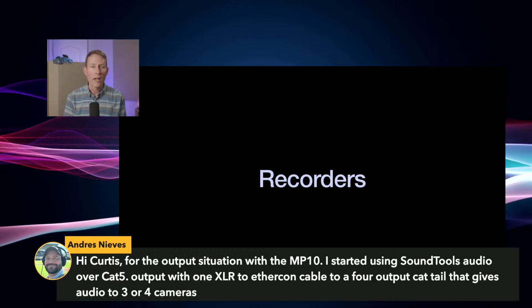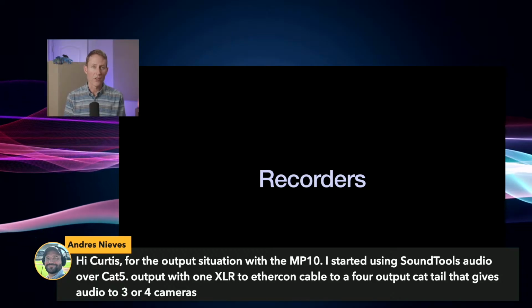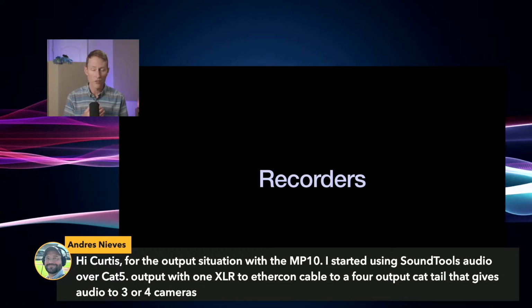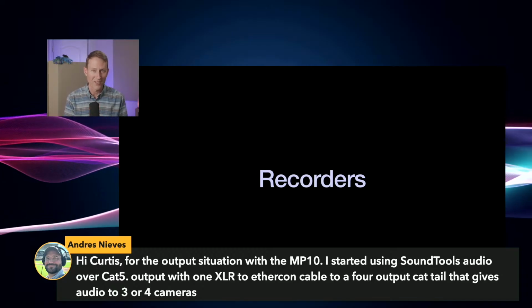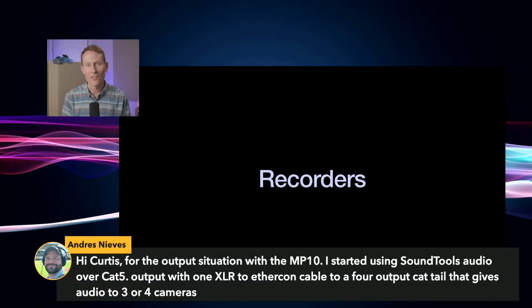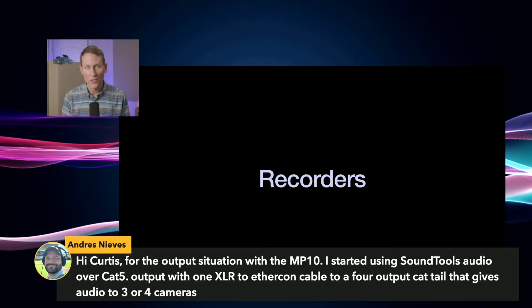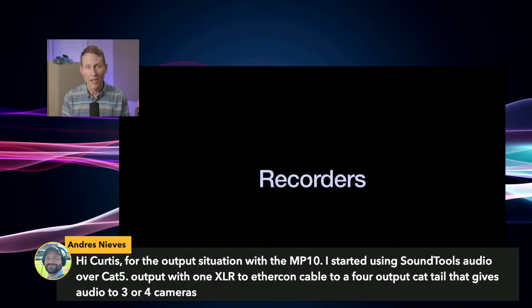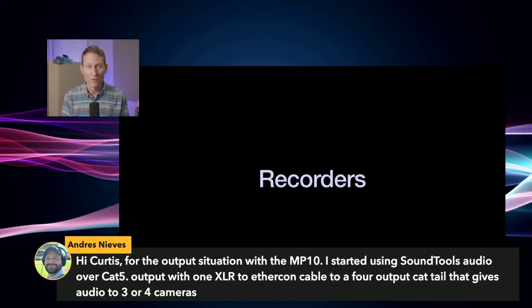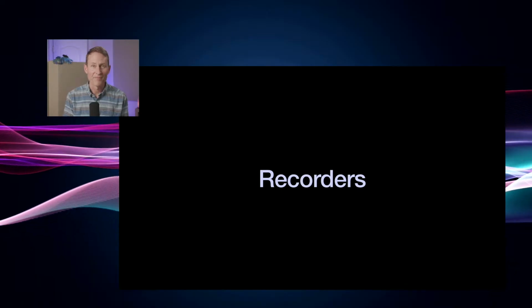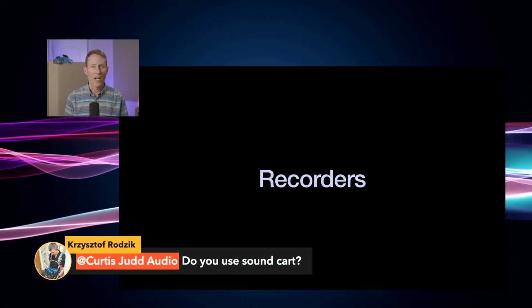Well, I actually need separate feeds for each of them, but nevertheless, that is cool. It's so nice that there are these technologies now where you can do that conversion. So it's essentially taking audio out of an XLR output and then sending it over a Cat5, which is pretty cool. Nice setup.